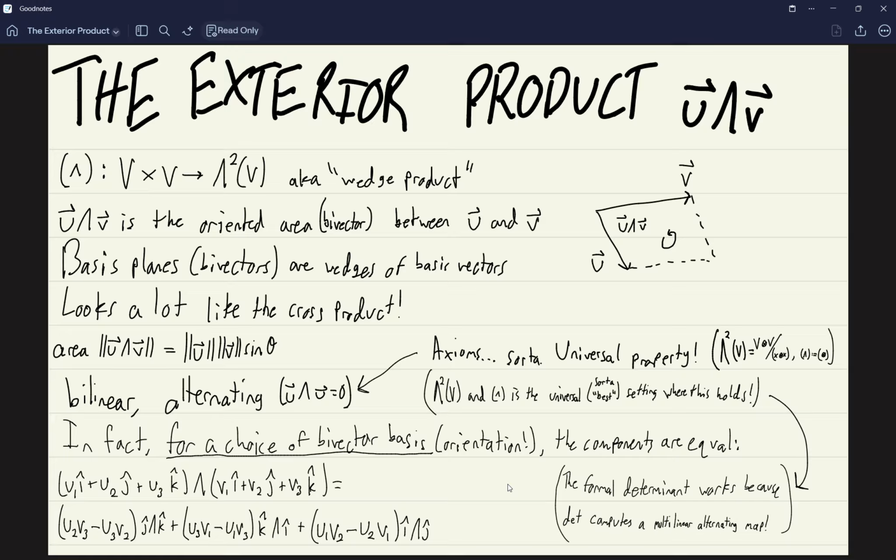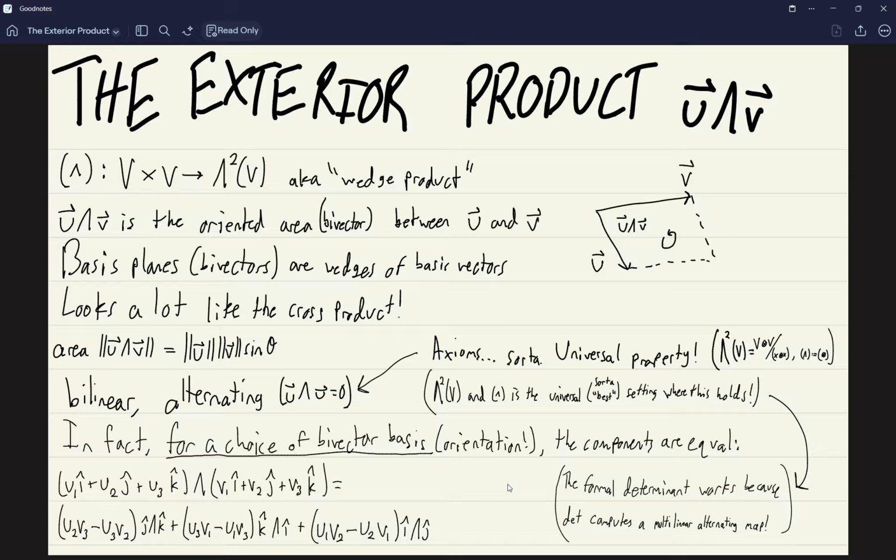And yeah, you might notice that the formal determinant would still work, depending on your choice of bivector basis. It's still a little weird, but it is a calculation trick and a good mnemonic. And we can shed a little bit more light on what's happening by recognizing that as we generally define the determinant, it is actually a multilinear alternating map.